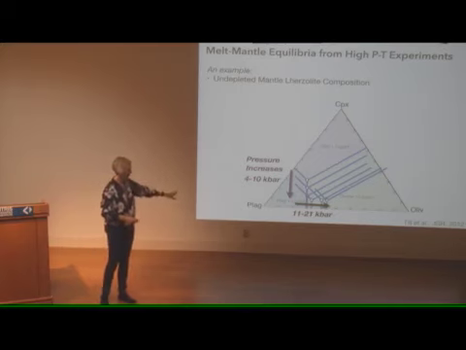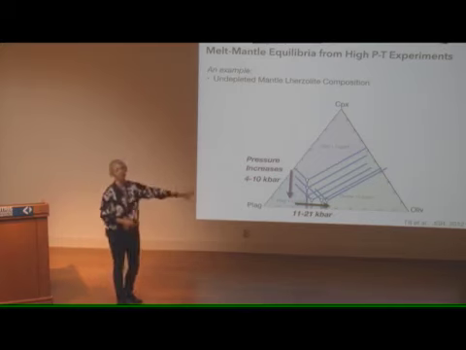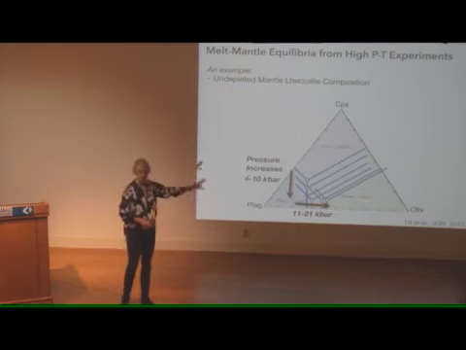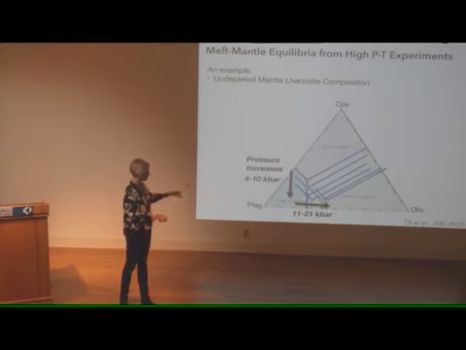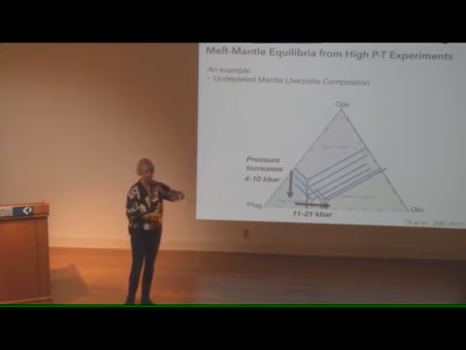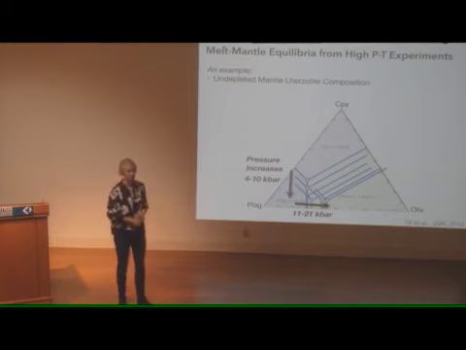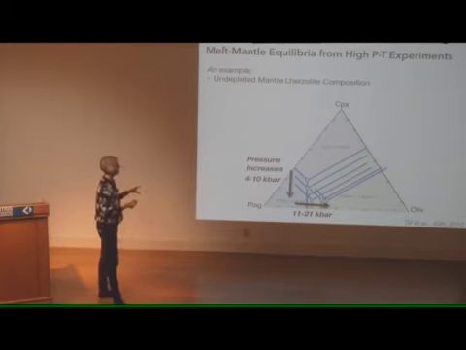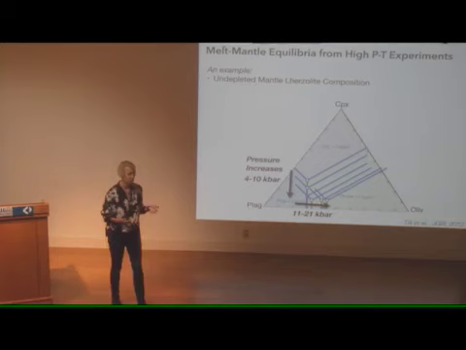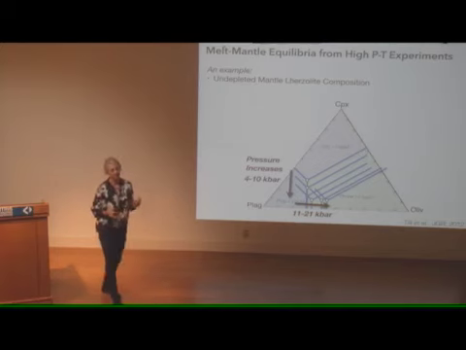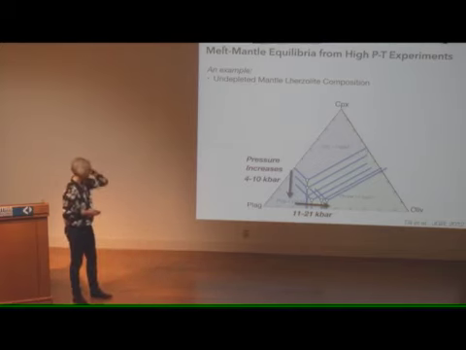But we could do the exact same exercise with a different mantle composition, which people have done, and show how the melt composition varies. Now we're melting a harzburgite mantle, or we're melting a lherzolite, but it has been variably metasomatized, or something like that. Okay.